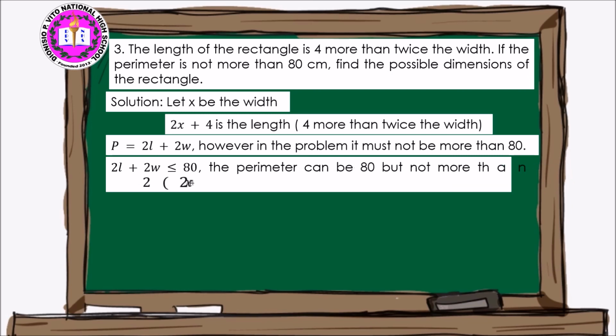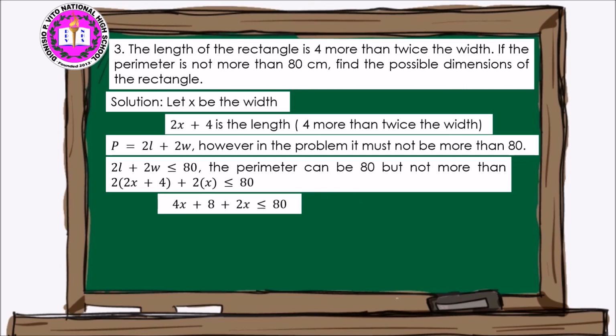So we have 2 length plus 2 width is less than or equal to 80. The perimeter can be 80 but not more than that. So 2 times 2x plus 4, plus 2 times x, is less than or equal to 80.